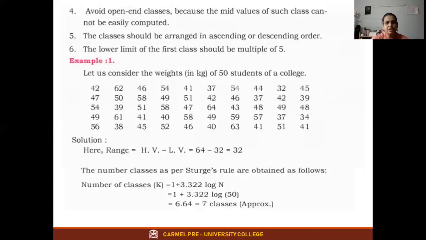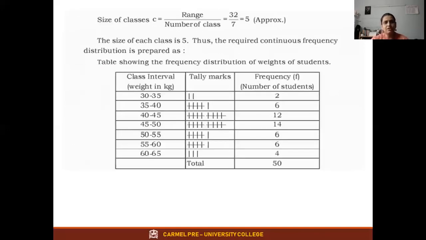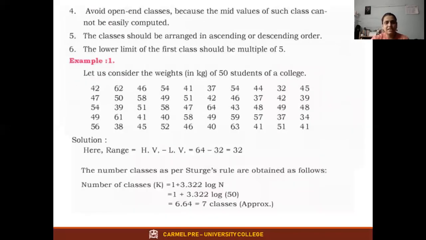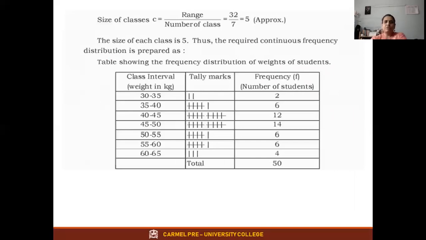Then it is the normal procedure. Now 42 is our first number. So where will you put it? You will put it in 40 to 45. Next is 62. Put it. Now, the 10th number is 45. Where will you put 45?